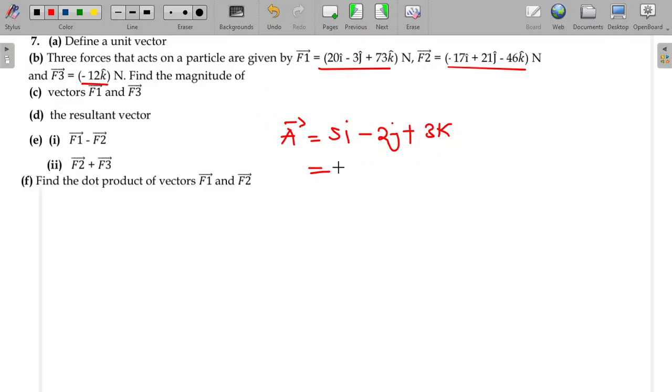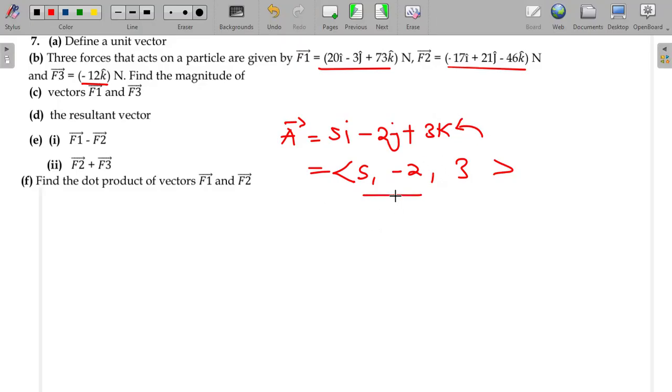I'll just write those types of brackets, and from the vector I'm just going to get the coefficients: 5, comma, minus 2, comma, 3.